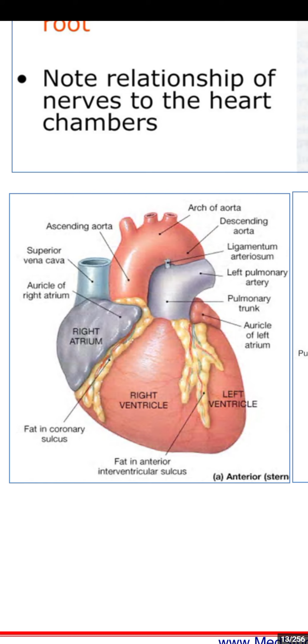In arch of aorta you can see the middle artery which is left common carotid artery, and on the right side it contains the brachiocephalic trunk and the left side it contains left subclavian artery. Left subclavian artery is beside left common carotid artery and the brachiocephalic trunk.